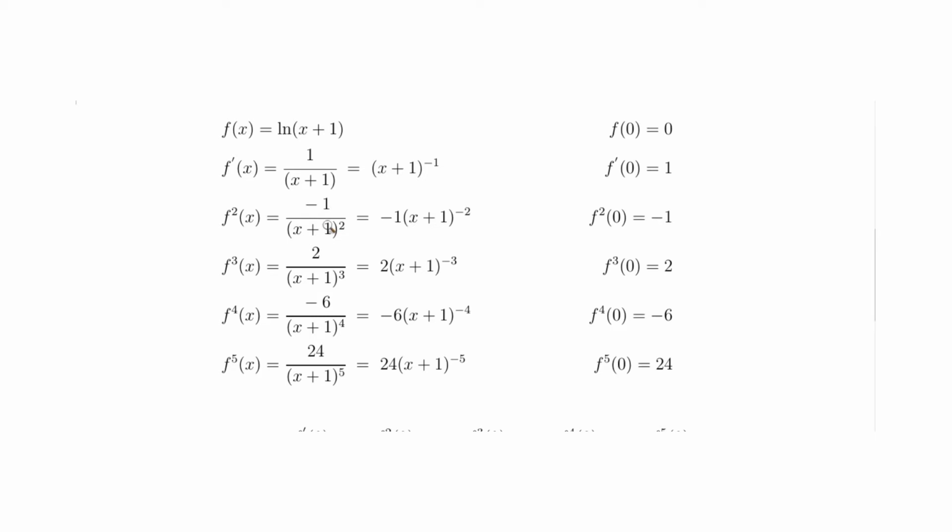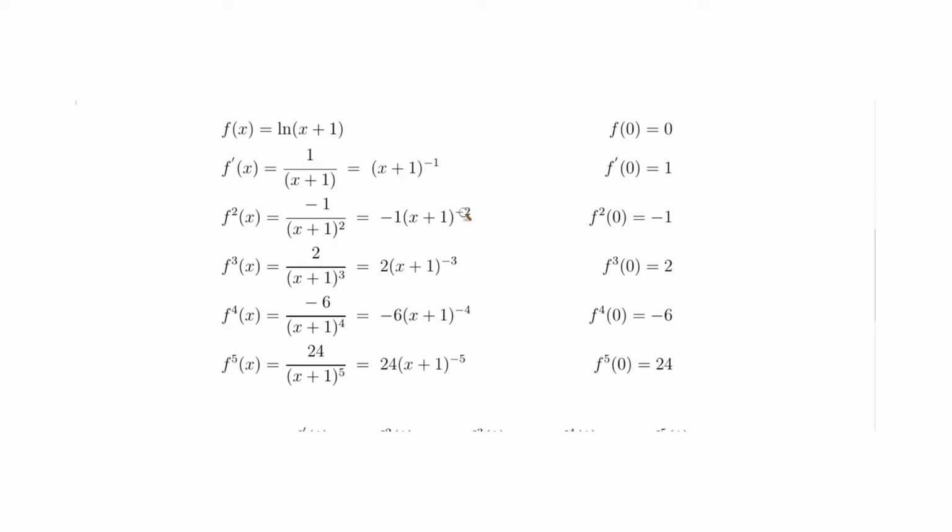Then again, to find the third derivative, we just differentiate this function here. So again, to differentiate this one, we bring this minus 2 to the front and multiply it, and then decrease the power by 1 again, as the power rule will always say. So minus 2 times minus 1 is 2. That's hence why the 2's there.